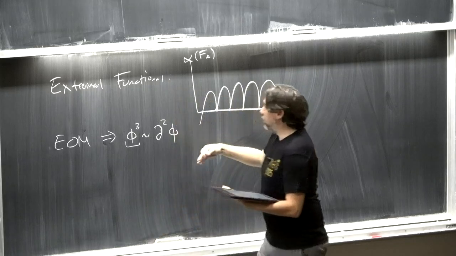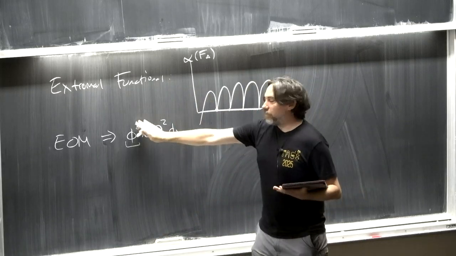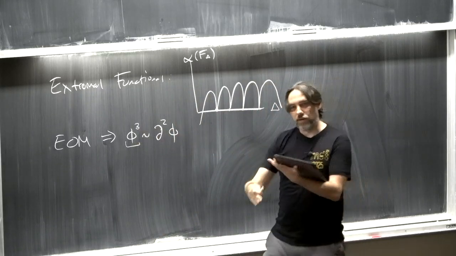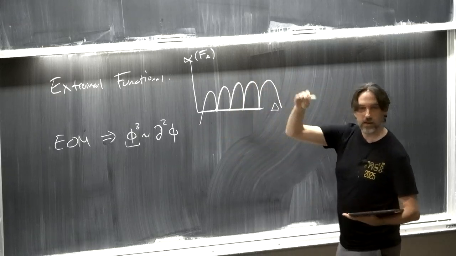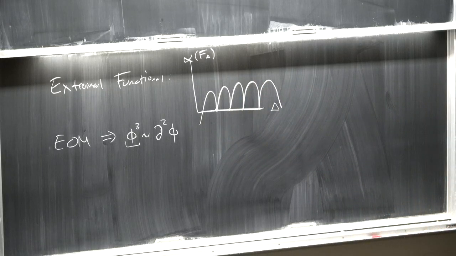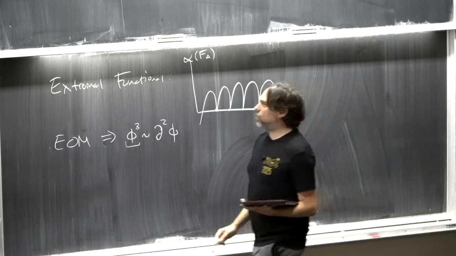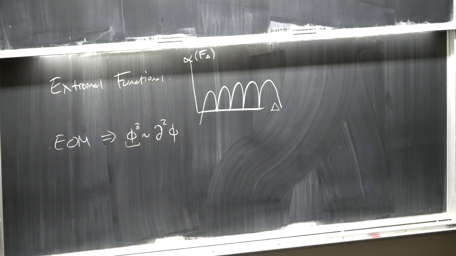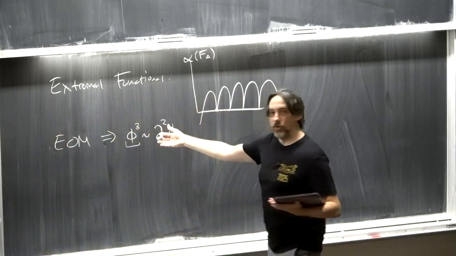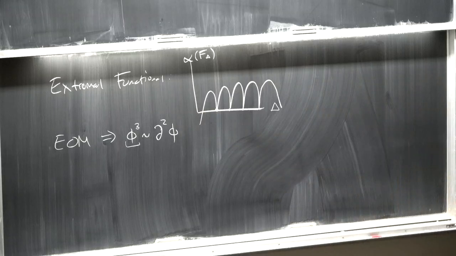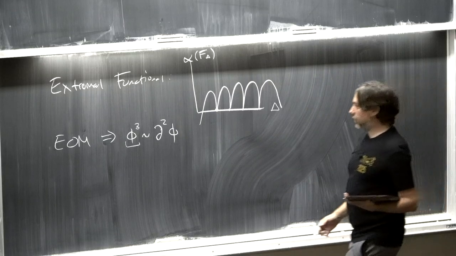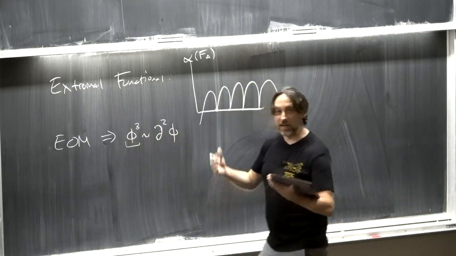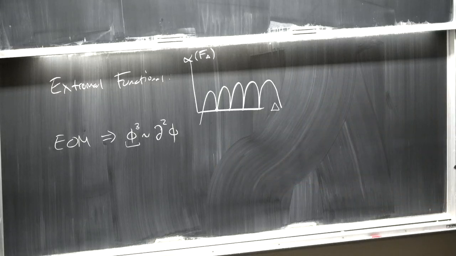Because after phi, the next one naively would be phi cubed, but it's a descendant. So then you have to go to phi to the 5th in order to start seeing the next Z2 odd operator. And so in some moral sense, imposing these gaps is like imposing that there's some equation of motion, that this phi cubed operator, which naively should be there, is removed from the spectrum.